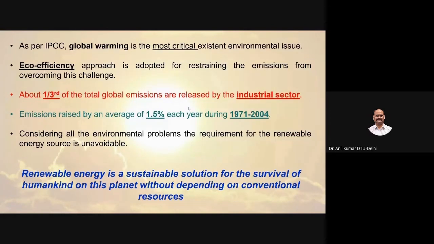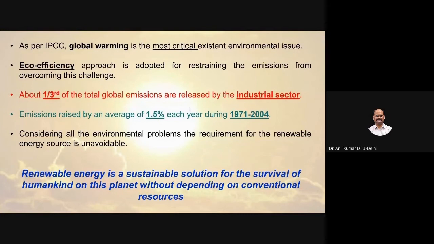So just look over here: one third of the total global emissions are released by the industrial sector only. One third is a serious issue, and the emissions rose by an average of 1.5% each year from 1971 to 2004. And I believe this 1.5% has not decreased; in fact, it would only have increased.